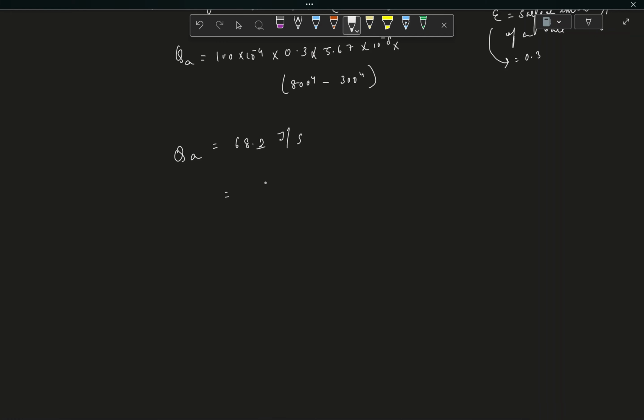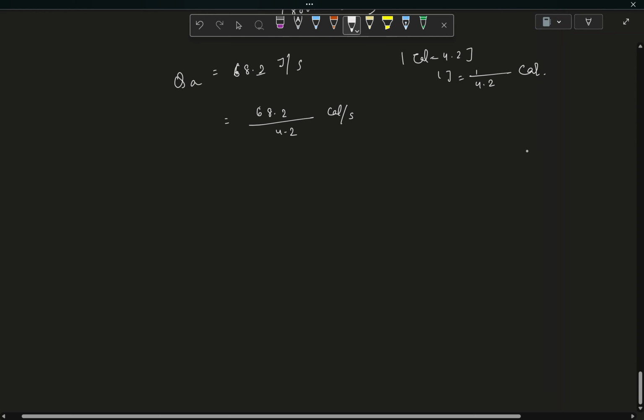So 68.2 joule per second means, if you now convert into calorie, as per the question the answers are given in calorie. So 68.2 divided by 4.2 calorie per second, because 1 calorie is equal to 4.2 joule. So 1 joule is equal to 1 by 4.2 calorie.